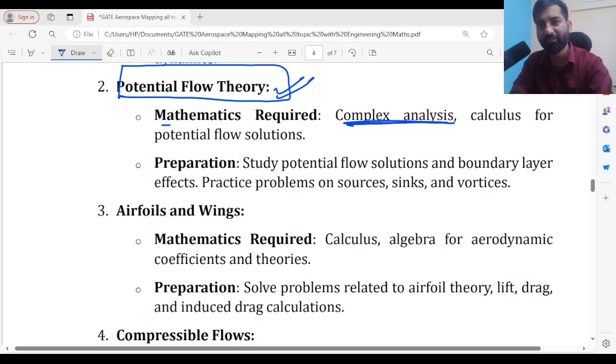Because they're not good at maths, they don't focus on it, they just spend their time on potential flow theory or any core subjects, and they do not emphasize mathematics and aptitude, right? So they fail in aerospace. They struggle to get 20-30 marks, okay? And there are many reasons as well, right?